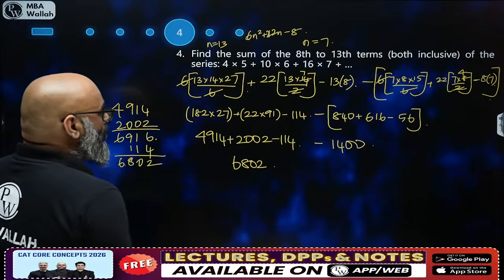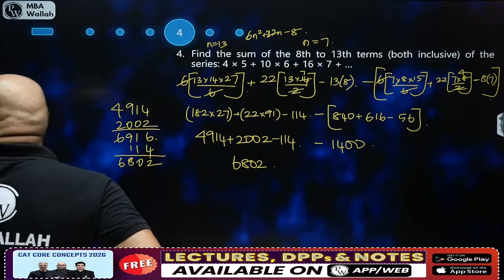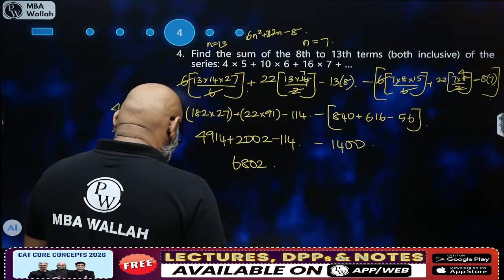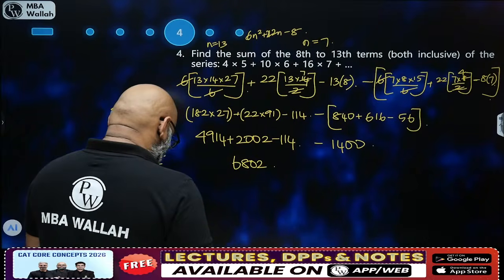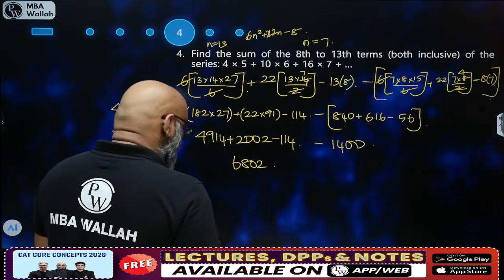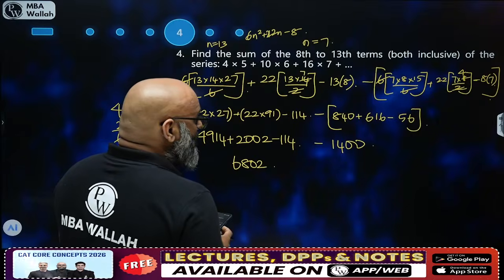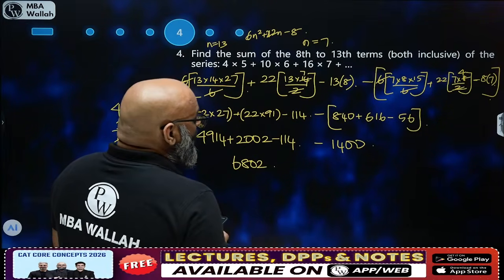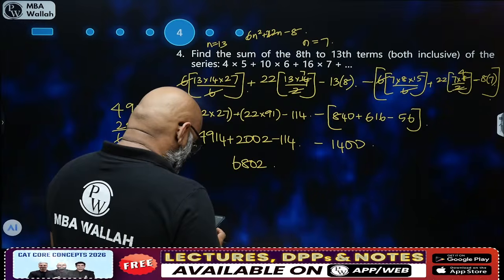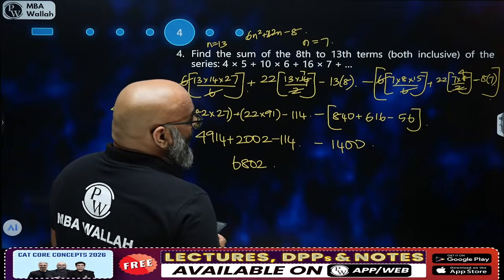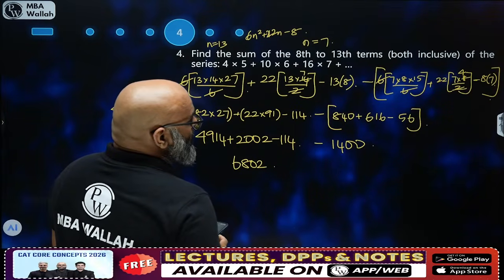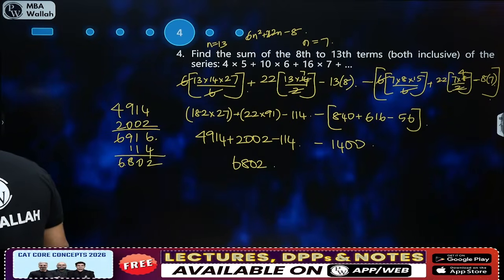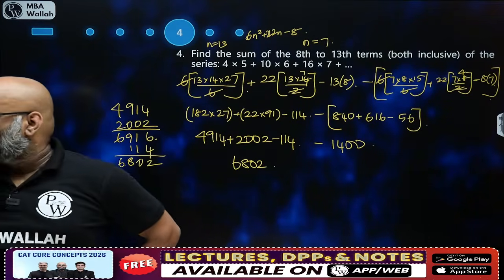And what about this over here? 840 plus 616 minus 56. 28 into 22 is 616. Correct. Are we getting 1400 here? Is the math correct here?